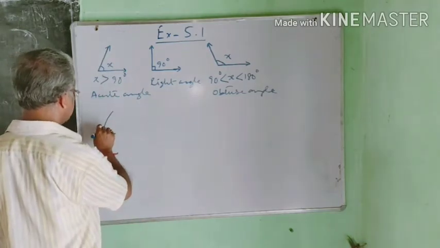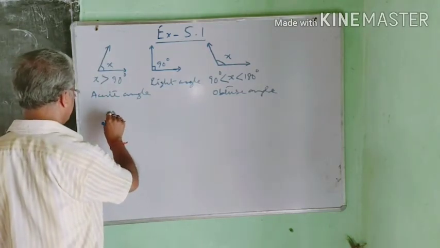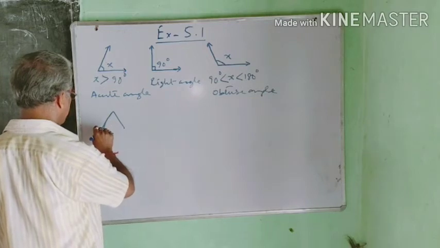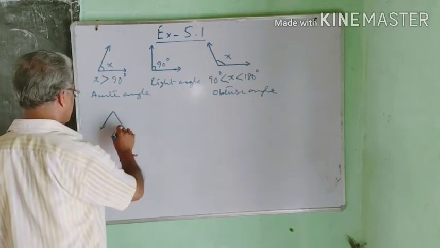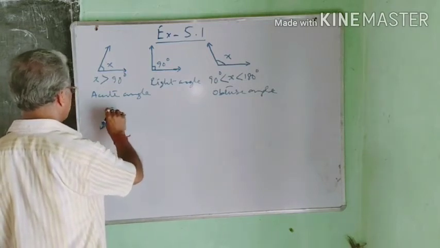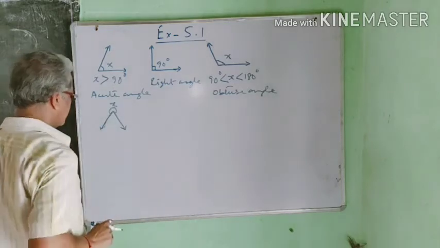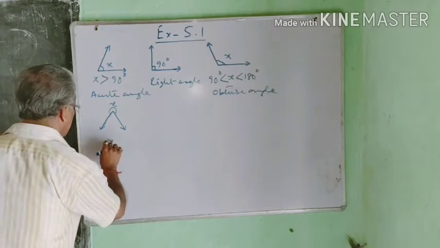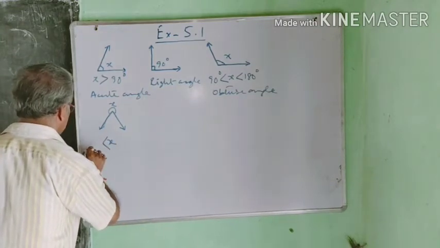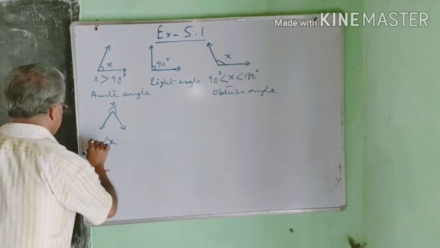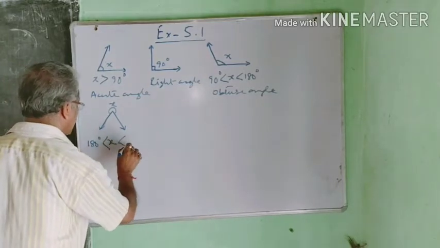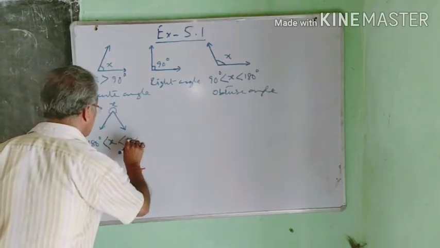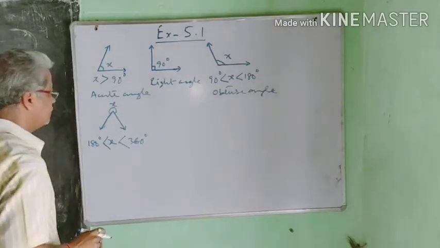For example, this is an angle x, which is greater than two right angles but less than four right angles.